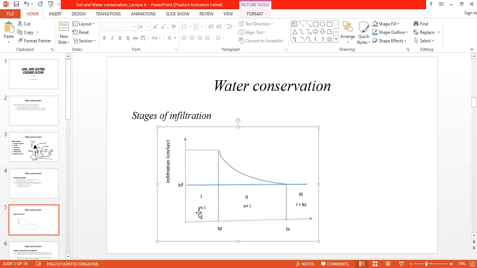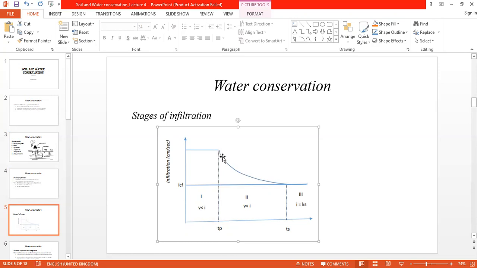Then as we go into stage 2, when we reach this point, it means that the irrigation rate and the soil infiltration rate have become equal at this point at time P. Then from here, because the soil has started becoming wet, the infiltration rate of the soil will start to reduce.